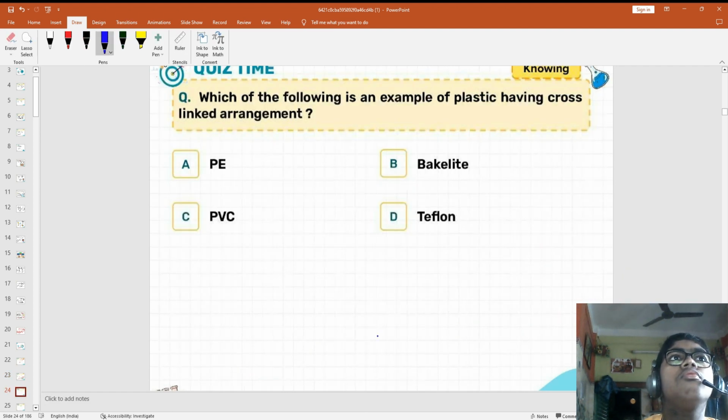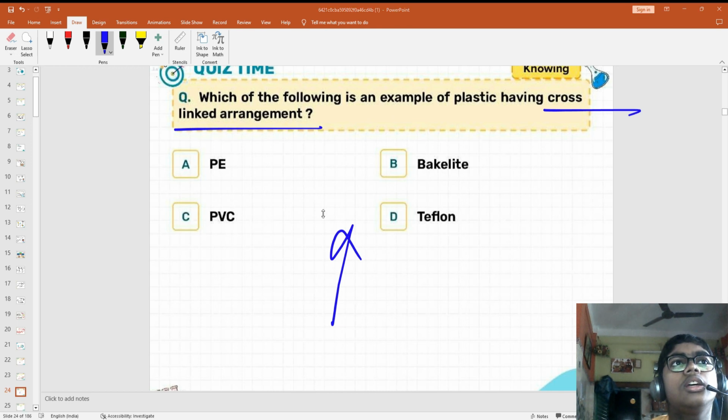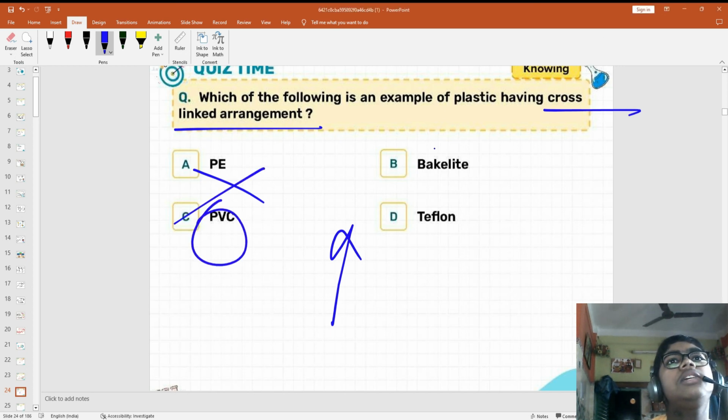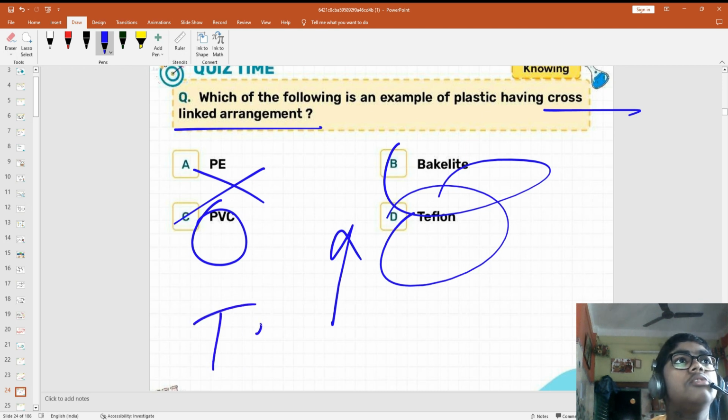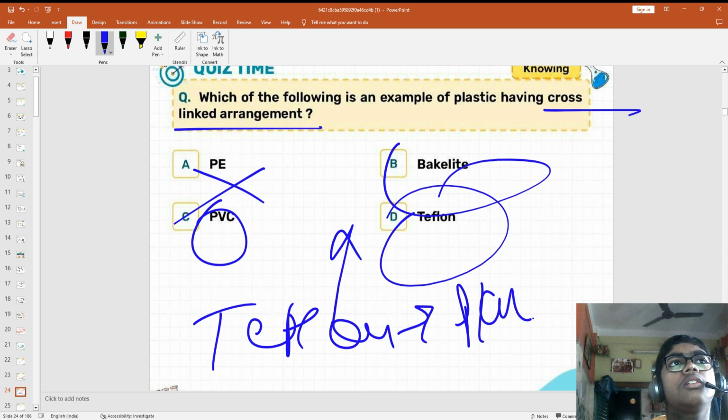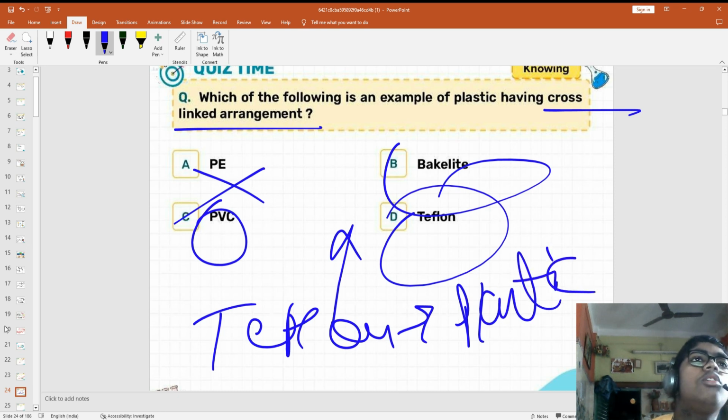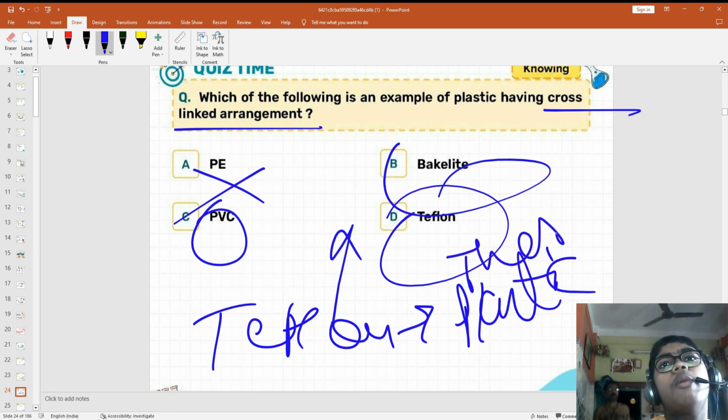Next question: which will have a cross-linked arrangement? See, PE is not any type of plastic, so I am removing it from the options. Now PVC, bakelite, Teflon. Teflon is also a plastic. Teflon, guys, is thermoplastic.